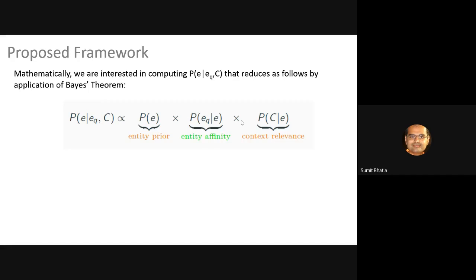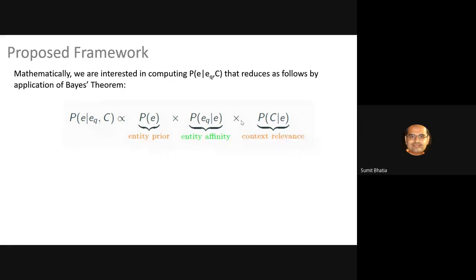Essentially, it is saying how strongly connected or how useful the two entities are to each other. And the third part is the probability of C, that is, given my target entity, what is the probability that the target entity will generate my context, which is the context value, right?